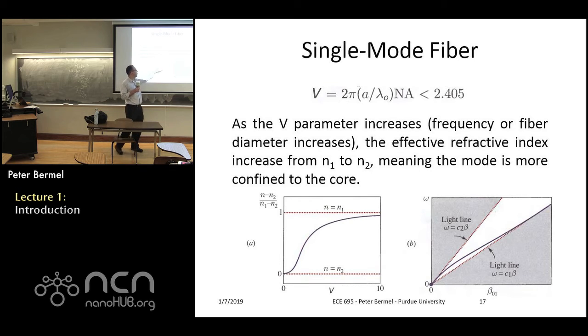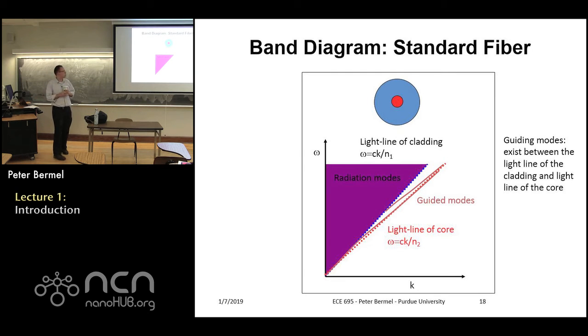But as you make the core bigger, then the effective index of the mode is close to that of the core. That means most of the mode lives in the core. So there's this continuous variation. But of course, as V passes certain thresholds like 2.405 and so on, you start to get additional modes in the system. This is showing what's called a band diagram, which is illustrating how fiber works.